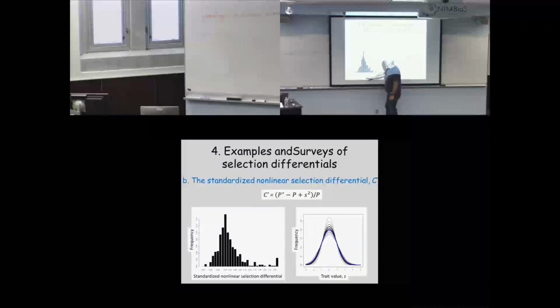So this is the standardized nonlinear selection differential, and here is a value for 0 right about there. Let's call that the 0 class, right? So all of the studies on this side, variance expanded, and on this side, variance contracted. Does that help?